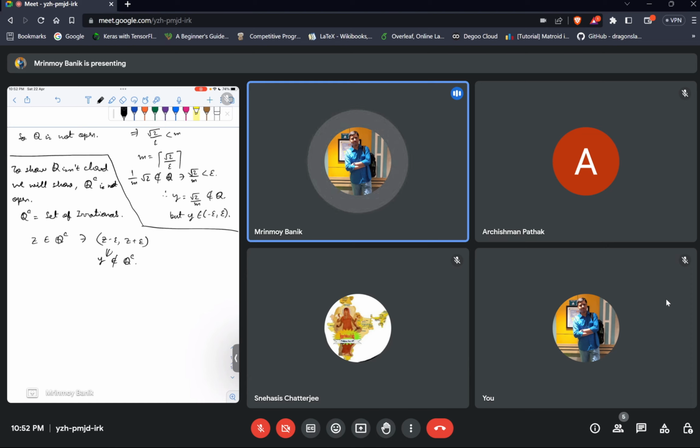So for example, you can take z to be root 2 and epsilon, we don't have any control over it, so epsilon is any positive real.